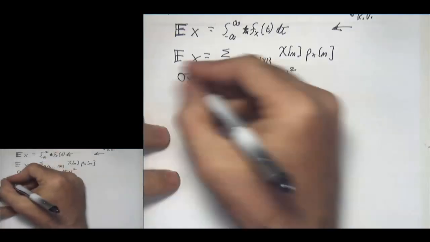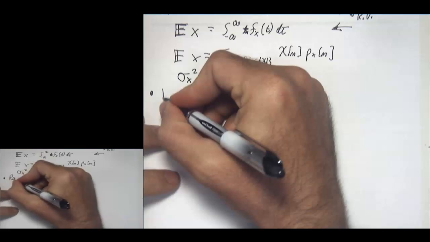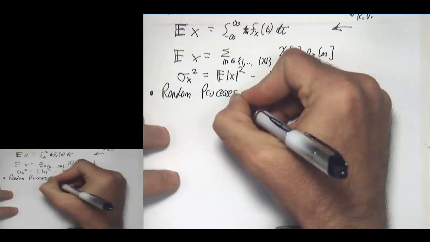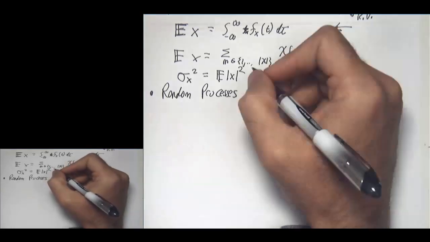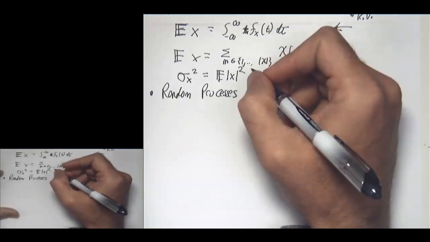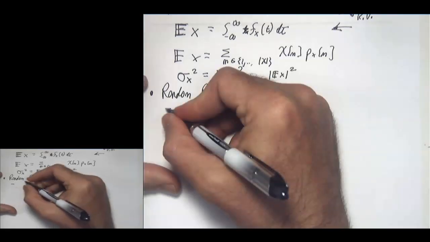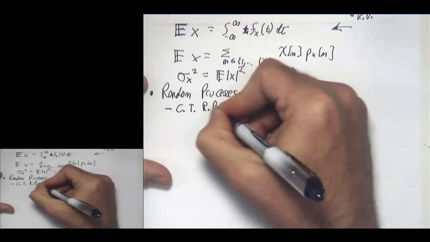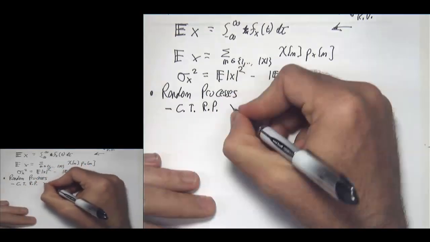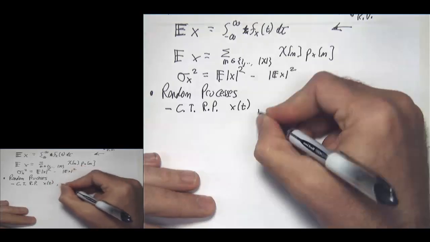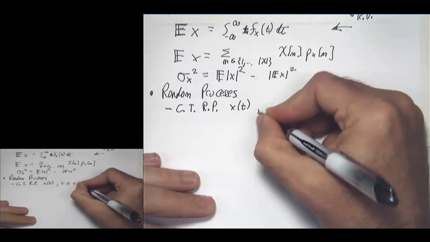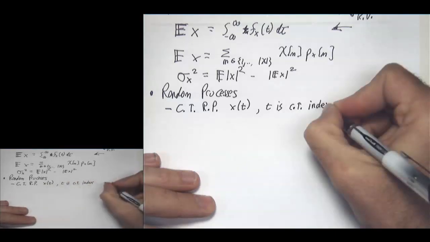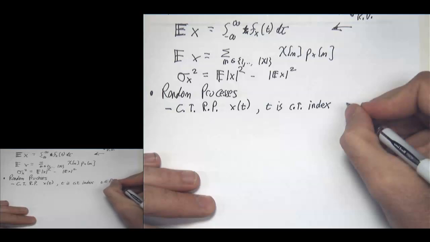All right, so now let's talk about random processes. Using the same sort of notation here, for a continuous time random process, x of t, t is the continuous time index, and t is in the set of real numbers.